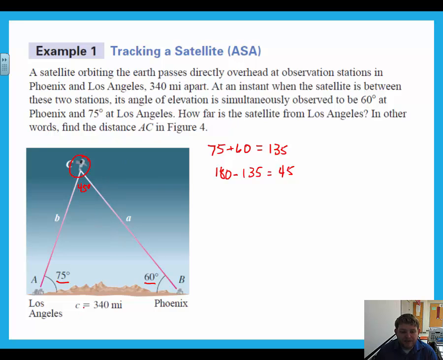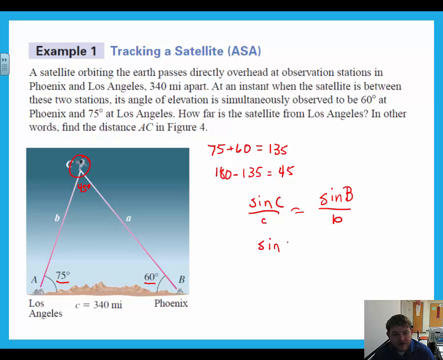All right, now that I know that angle and that side, I know that I'm going to use the C's. So I'm going to use sine C over c. Sine of big C over little c is equal to, and I wanted to know what this little b is, so sine of big B over little b. All right, and so what I can do is plug in everything we know.